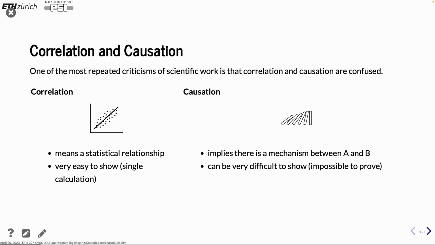You're just computing a lot of sums, and then you have your correlation coefficients. Causation is a bit more tricky to show, because it shows that there is a consequence of something happening in a sequence. And it can be very difficult to show, and sometimes even impossible to prove, so you have to prove it empirically or analytically.